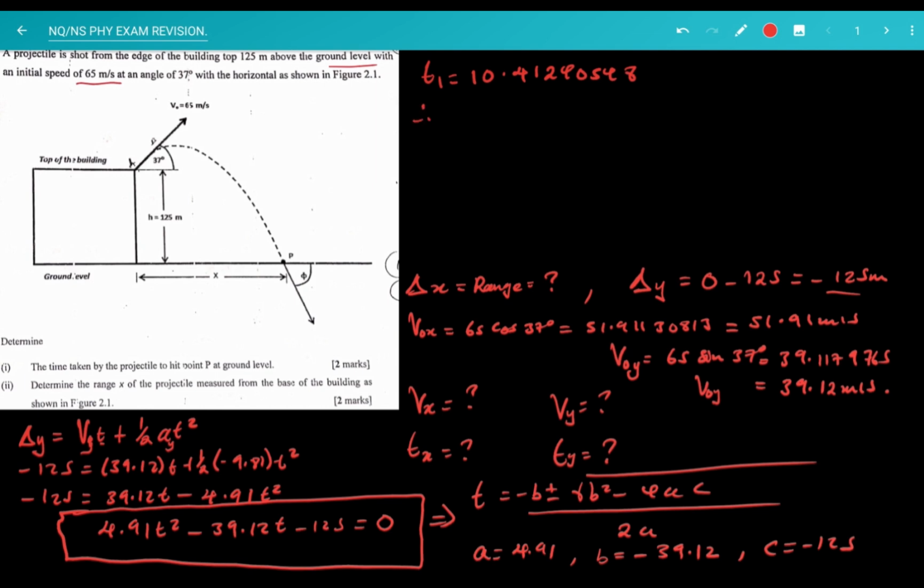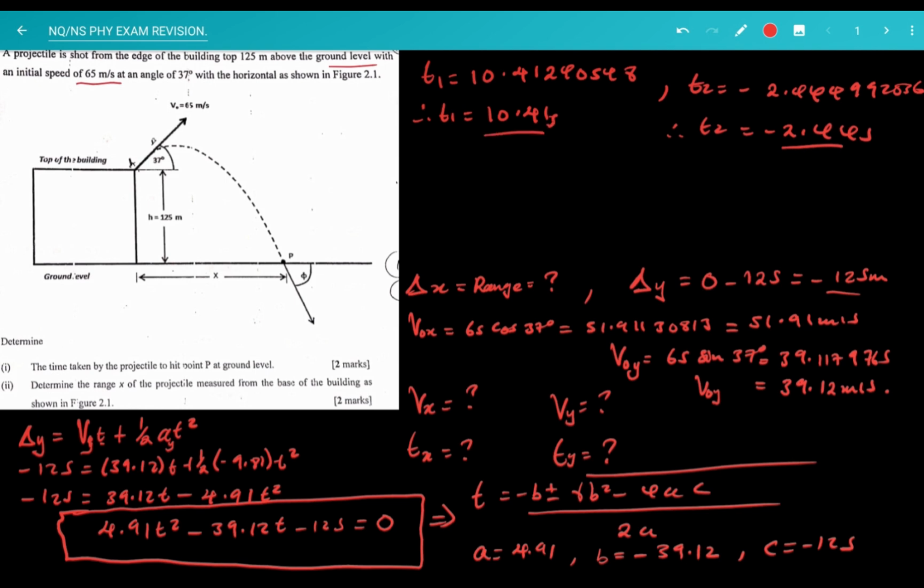Rounding this off, time 1 is equal to 10.41. Then time 2 is giving me negative 2.444992036. Therefore, time 2 is equal to negative 2.44 seconds.